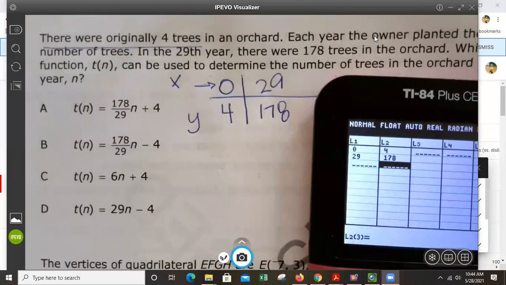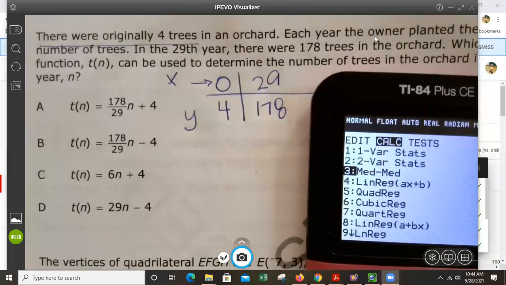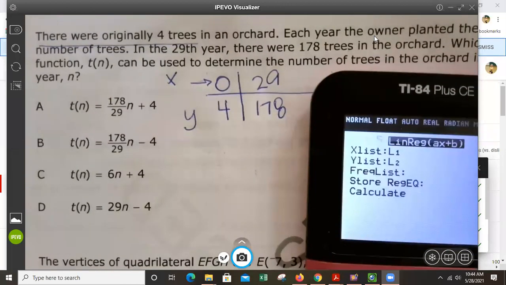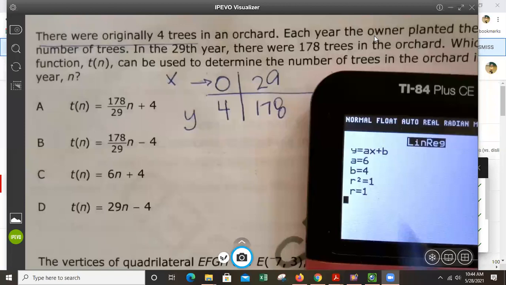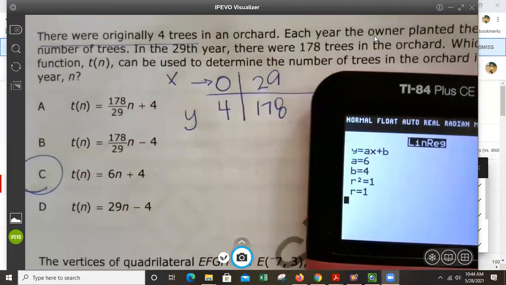Everybody okay? Stat, calc, linear regression. You can get some crazy numbers. Oh, you're not. What'd you get? That's it. Any questions? Again, make sure if it's originally or started with, it's going to be your 0.